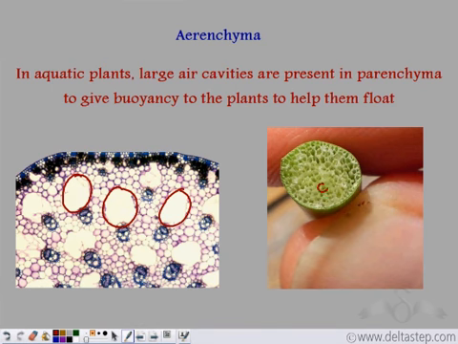See, these pore-like structures are filled with air and they help the plant to remain afloat on the water. So, this parenchyma is known as aerenchyma, where aeren comes from the word air.